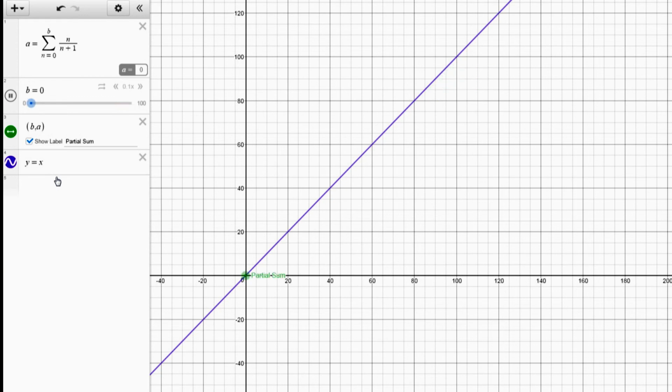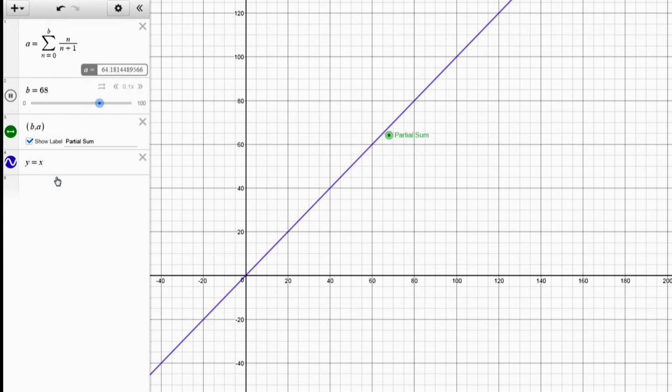So we can see that happening, and that's showing us visually that the series is diverging, right? That little green dot is not going to all of a sudden flatten out and have an asymptote, because all it's doing is marching along, going up basically by 1 each time. And we can see that by comparing it with the line y equals x. So I encourage you to play around with these in Desmos.